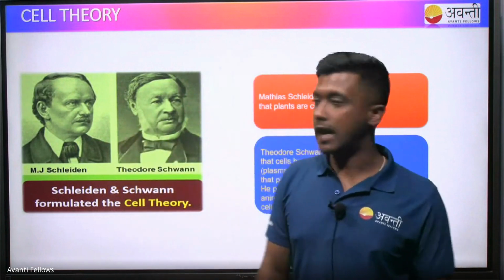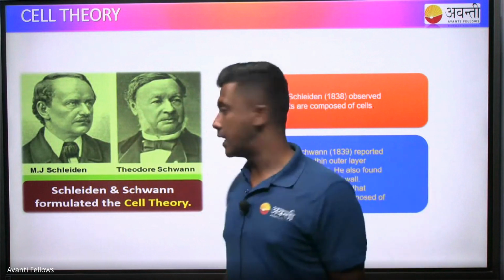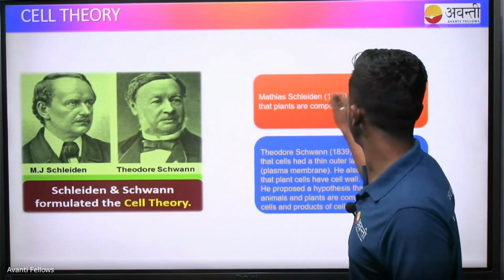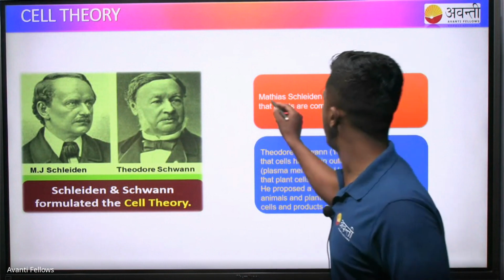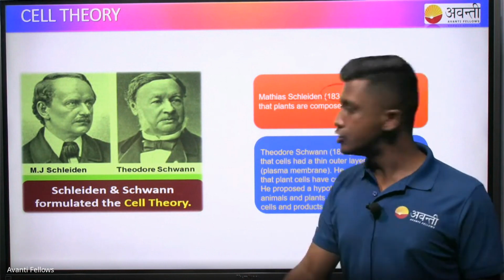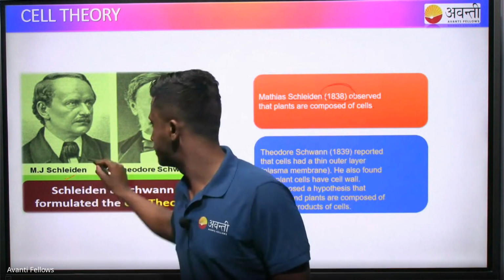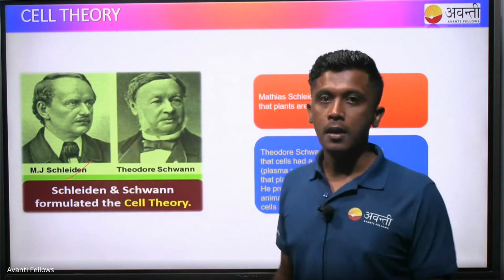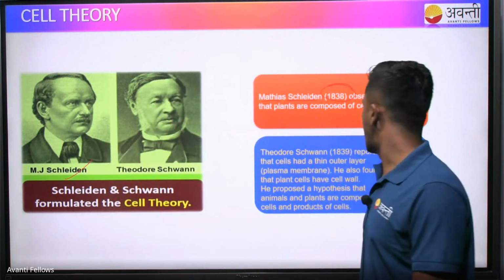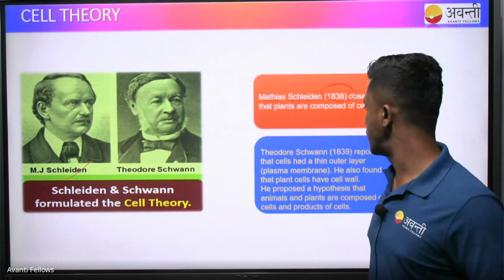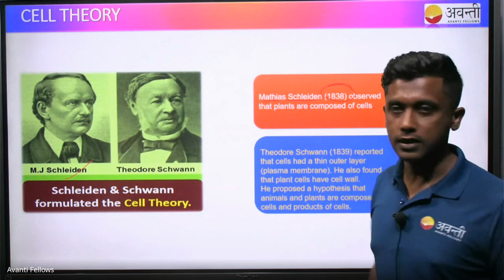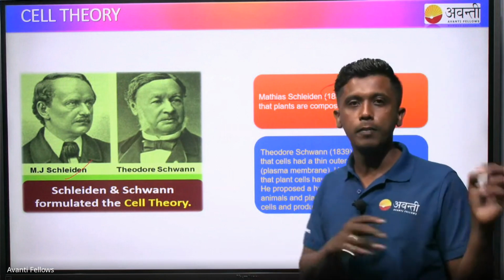During this time, in 1838, we have two important figures. One is Matthias Schleiden, M.J. Schleiden. He is from Germany, and he was a botanist, and he started observing a lot of plant material.